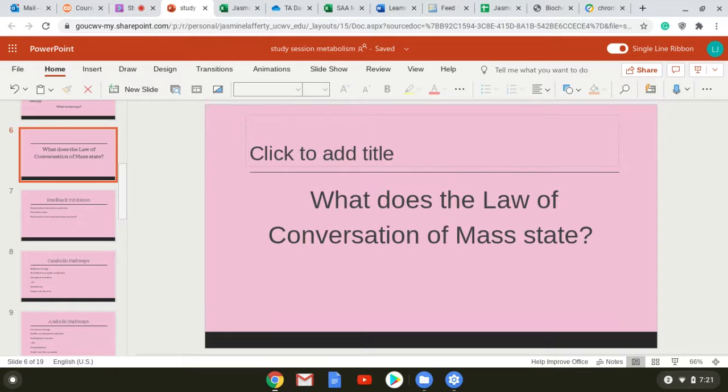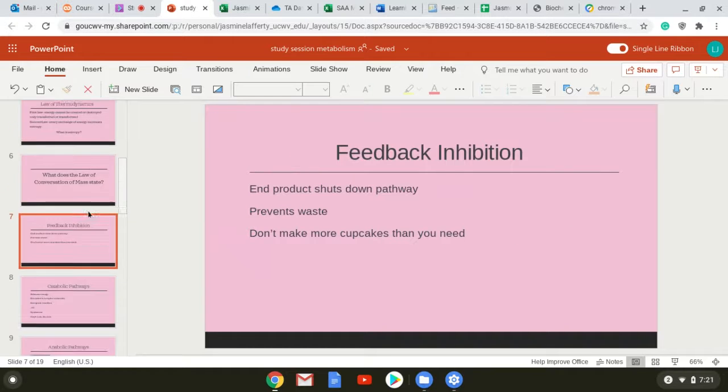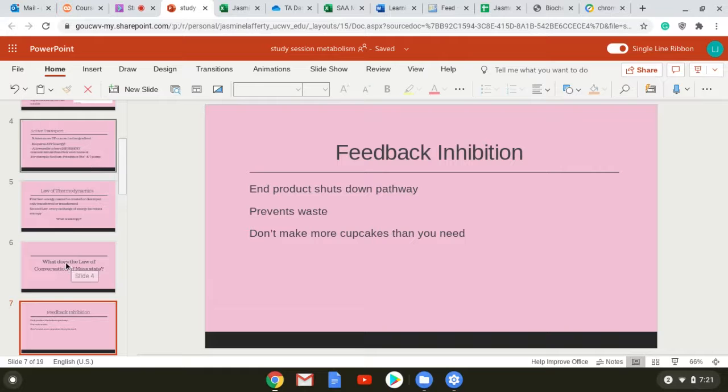Anybody? Come on. Doesn't it say that mass can't be created or destroyed? Exactly. It just means that I can't go poof, matter. If I want to make something, I have to use something that's already existed or that's already present. That's exactly right. Thank you. All right, any questions about the thermodynamics?